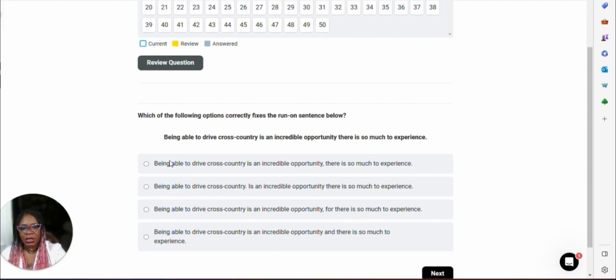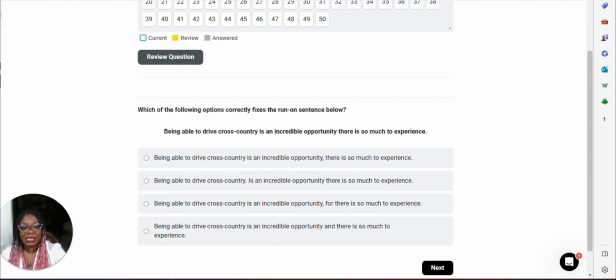Which of the following options correctly fixes the run-on sentence below? So the first choice is: being able to drive cross-country is an incredible opportunity, comma, there is much to experience. The second one is: being able to drive cross-country is an incredible opportunity.